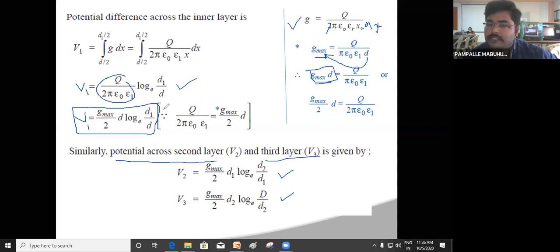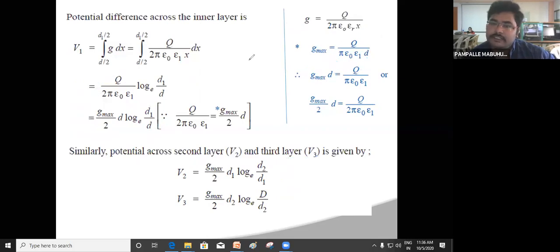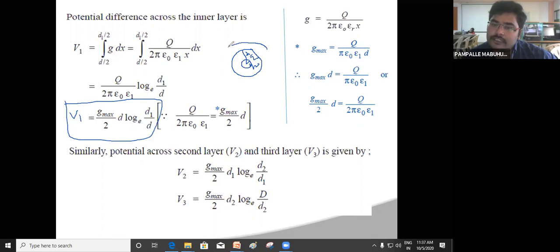From this, see here, you have the conductor with one single layer. This distance is small d by 2 and this distance is d1 by 2. When you write for the first layer, V1 is this equation you are getting.